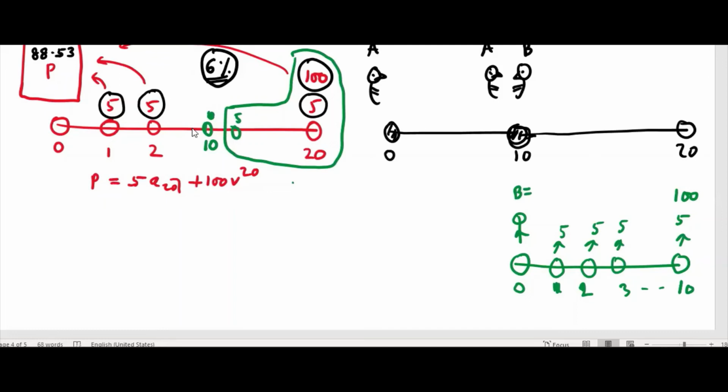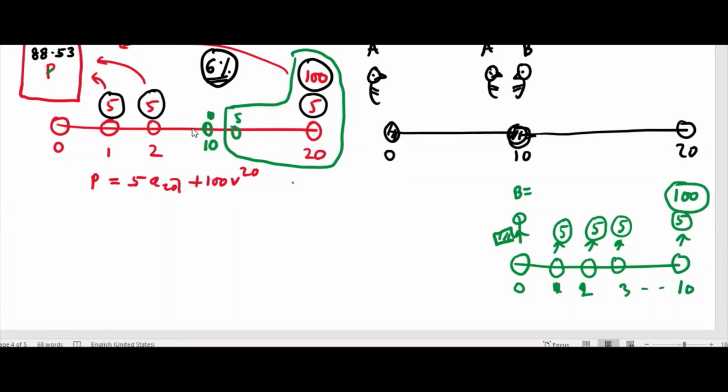B will get 10 payments plus 100, because B is the paper holder now. B will show the paper here, here, here, and finally he will submit the paper. He will get 100. Initially it was with A, so A thought A will get 100. Now that A is selling to B, A will not get this 100. This will go to B.